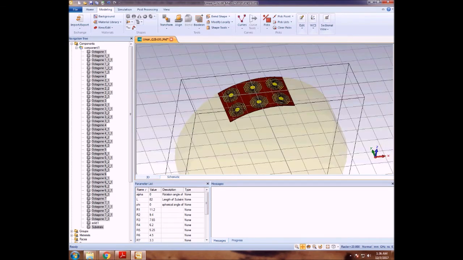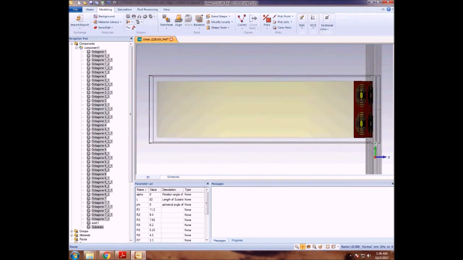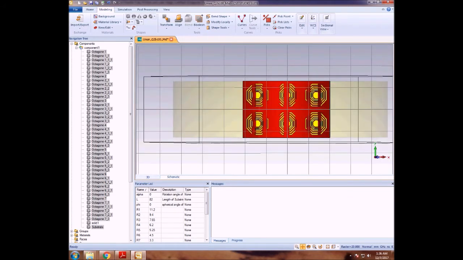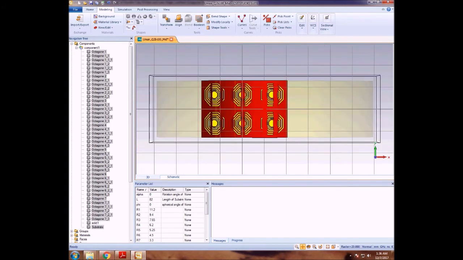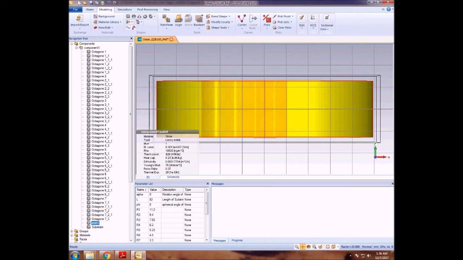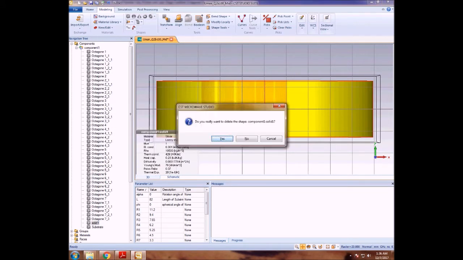We will zoom this and rotate. As in the structure given in the research paper, we do not have this cylinder, so we will delete this cylinder, which is solid one.